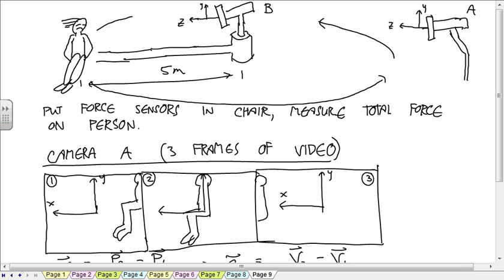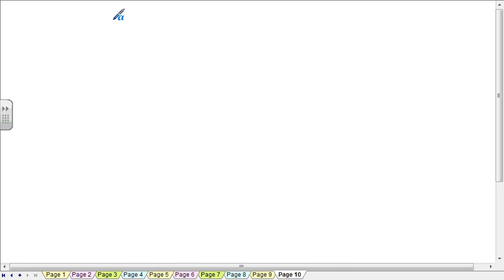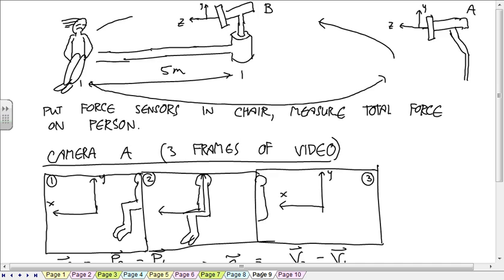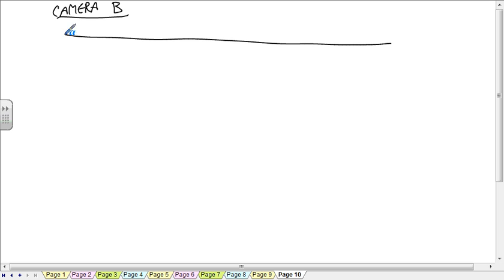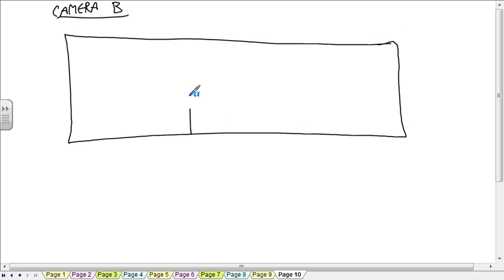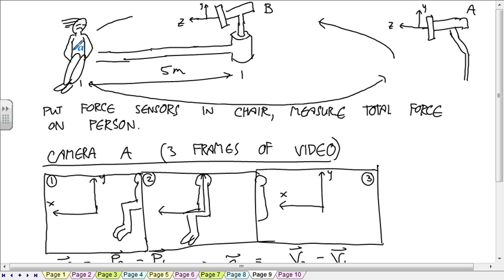Okay. So now think of what this camera B would see that's rotating with the person. So here, there's the y-axis, there's the z-axis. Before the person gets to this position, like the instant before the person gets to that position, the camera's looking right at him, just in another spot, right?